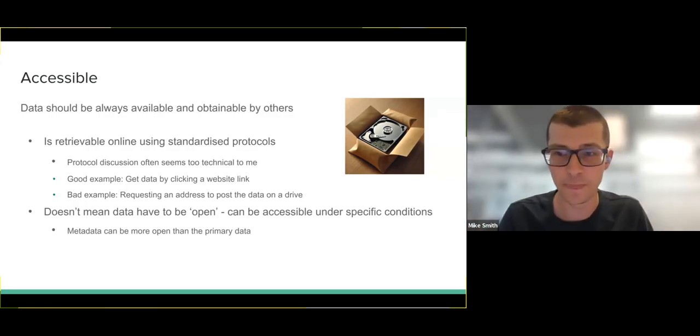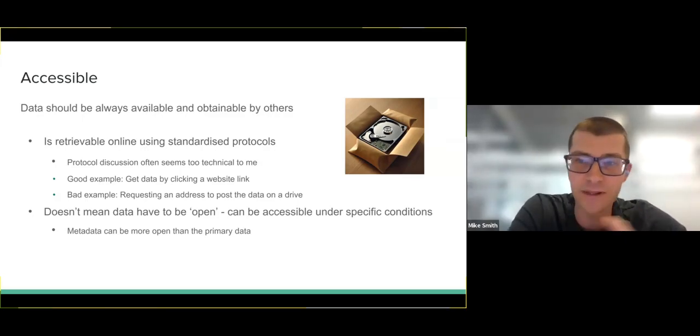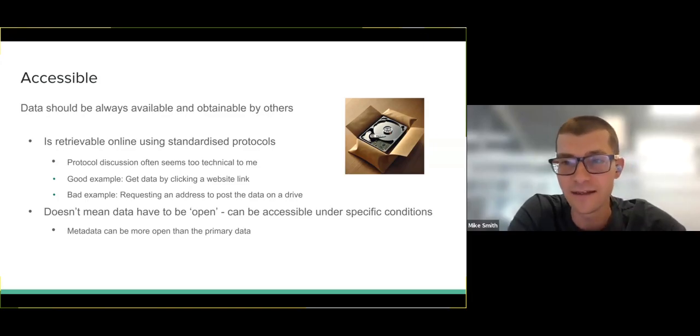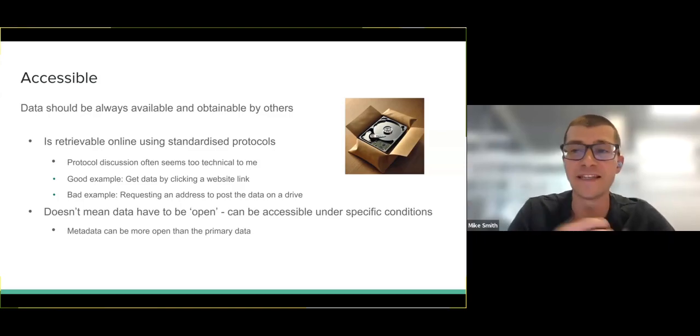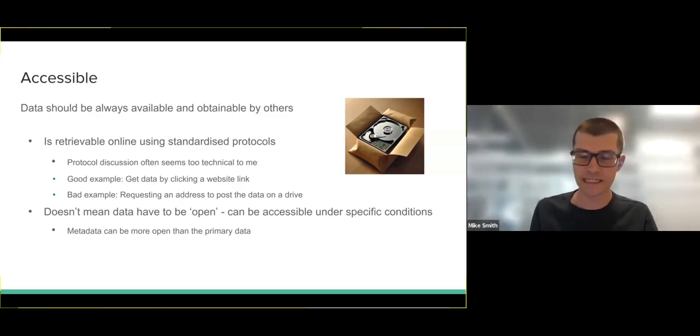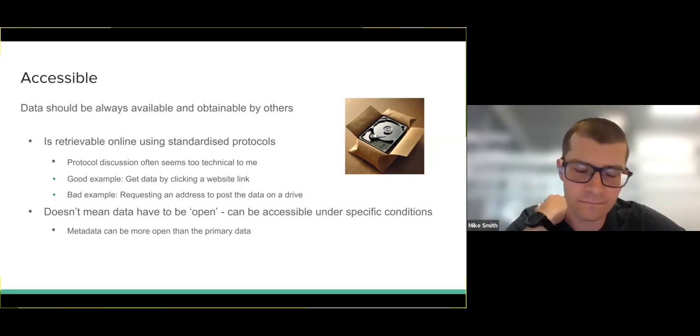They could find it, but that's not very accessible. And if I said, well, the hard drive comes with a funny connector and you'll have to buy that to plug it into your laptop, and that's the only way you can get the data off, that's even less accessible, right? It's a silly example, but that's what we mean by it being very difficult to get the data. They might be able to find it, but actually getting hold of it is a challenge.